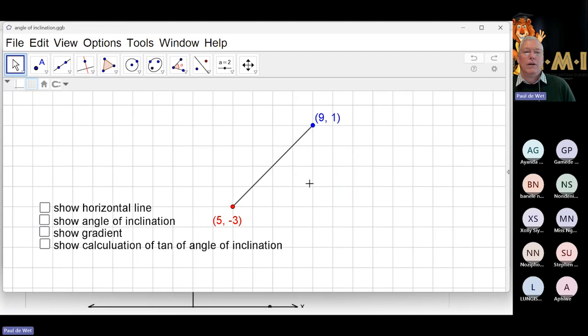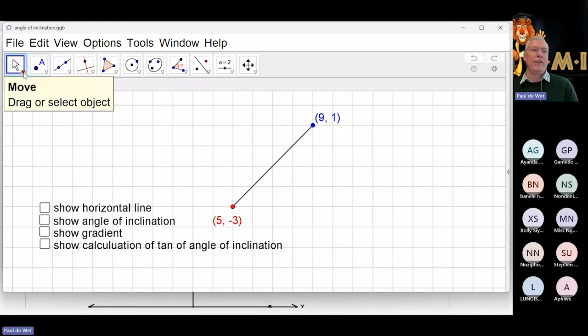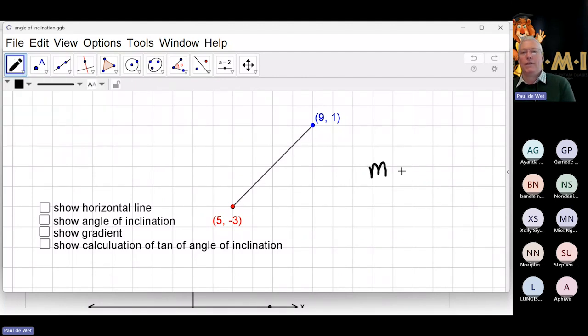All right, so I want all of you to work out for me what is the angle of inclination of this line right now. The first thing I'm going to ask you to do is work out the gradient. I prefer to use rise over run.